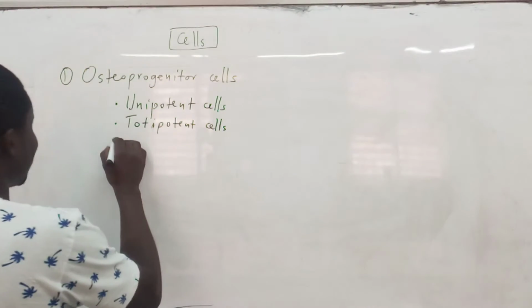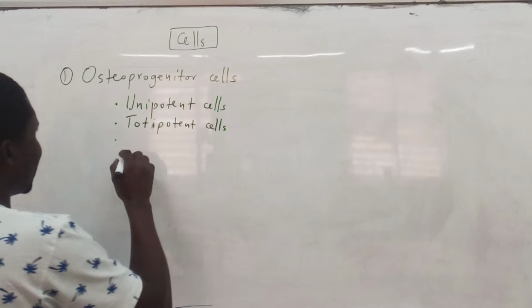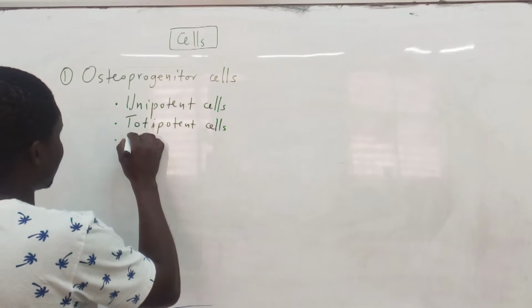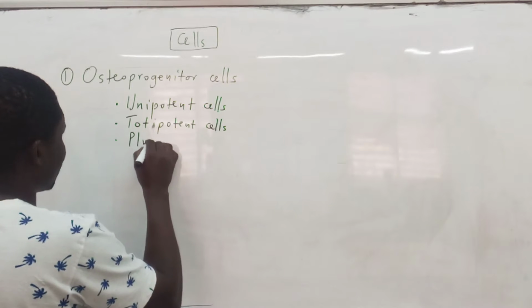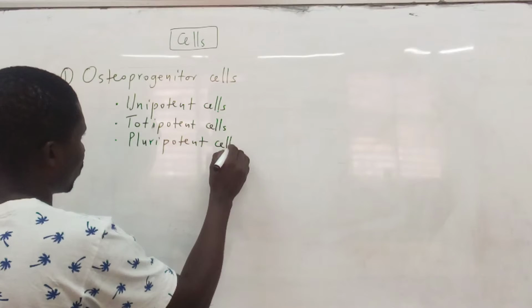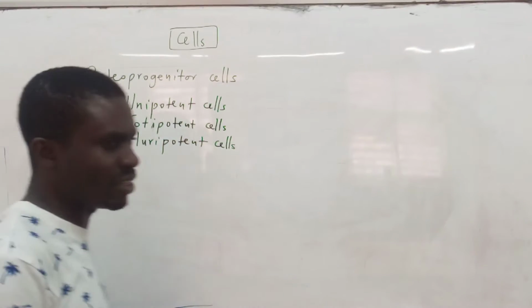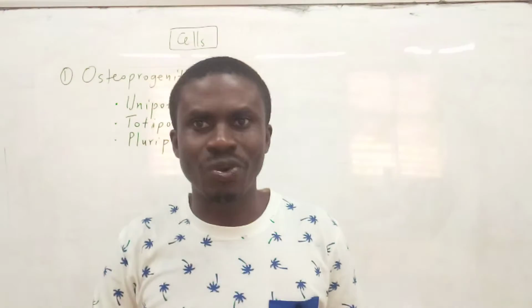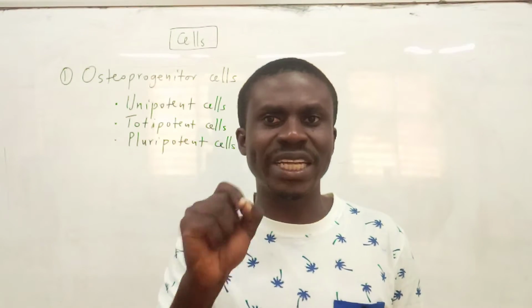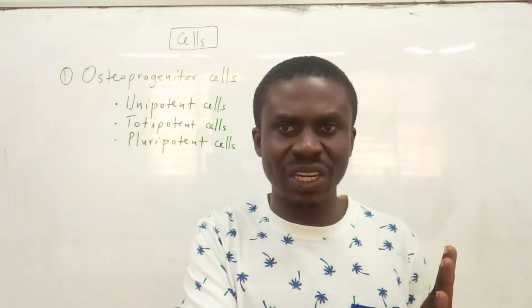Now, there's another cell type that I want you to be aware of, and that is what we call pluripotent cells. A typical example of pluripotent cells will be mesenchymal cells.